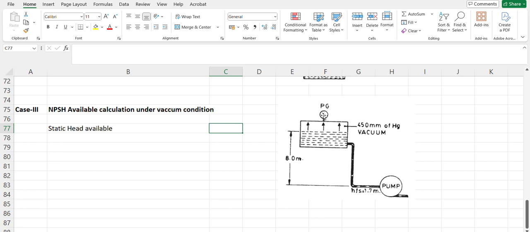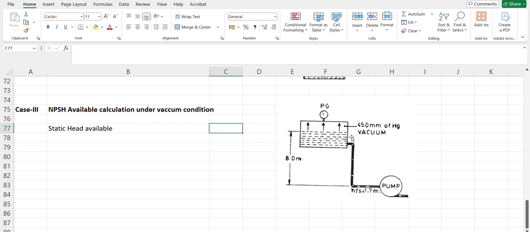Vacuum gauge or pressure gauge, both are the same, it just indicates the vacuum as negative pressure, -1 to 1 bar gauge. And this is the static head, which is basically the distance between the center line of the pump and the height of liquid in the tank.